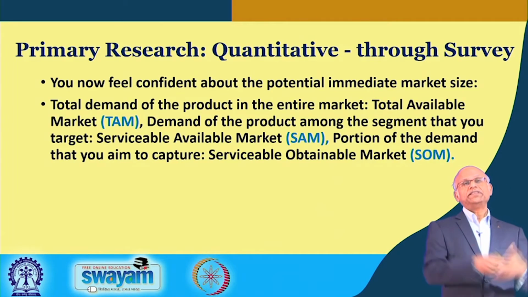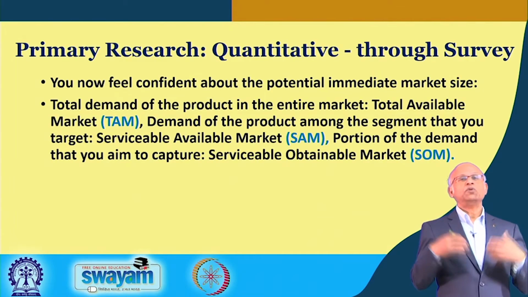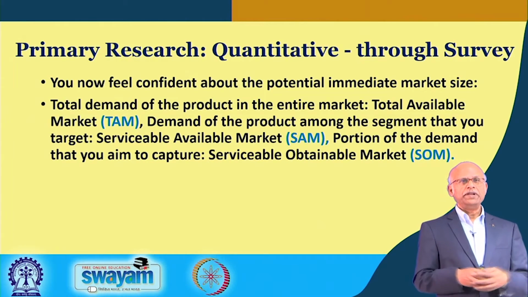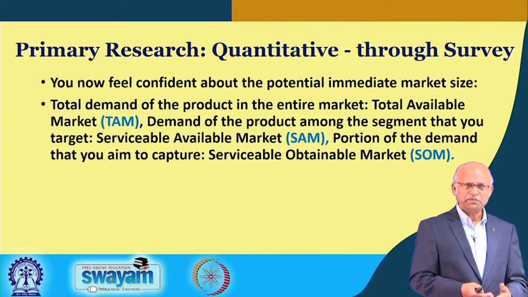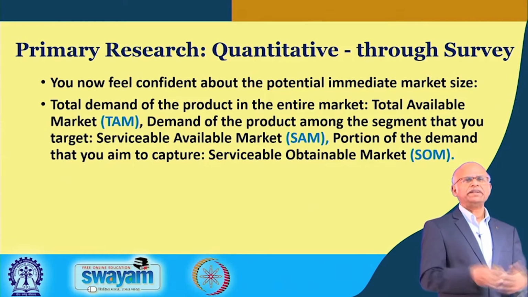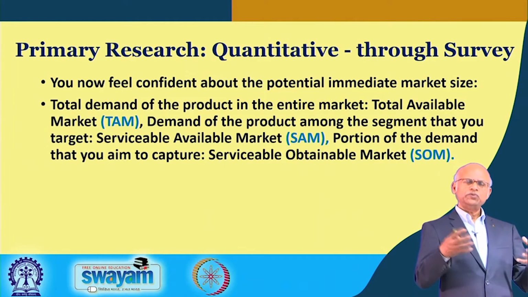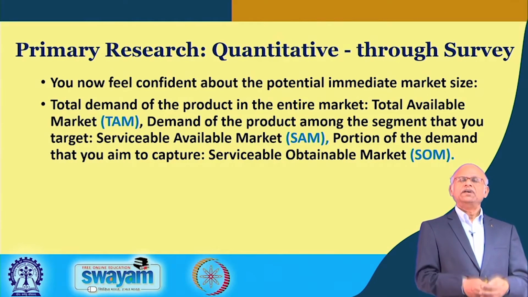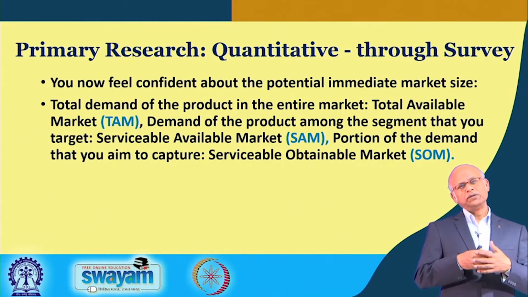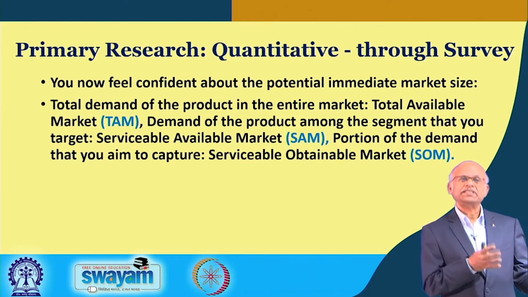So, primary research gives you an idea about TAM, SAM and SOM, meaning total available market, serviceable available market and serviceable obtainable market. How is that? Suppose you know the segment and you know the weighting percentage of the segment.